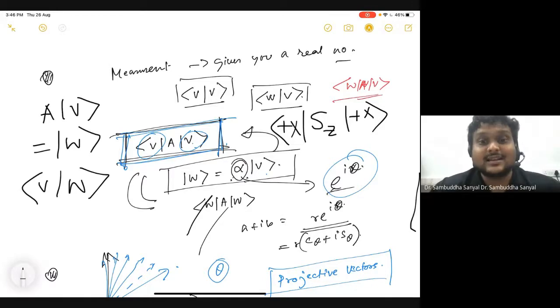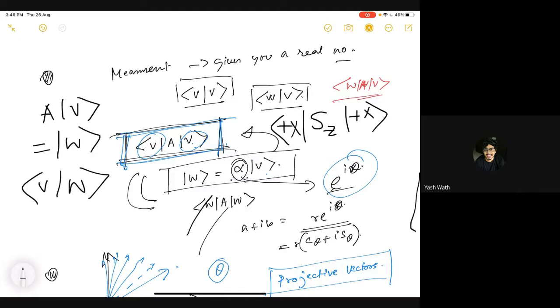No, there is not. That is the whole point. There is nothing called a gray ball. Similarly, there is nothing called a particular object being some linear combination of plus x and minus x when you measure, because when you measure, you only get plus x or minus x, plus z or minus z. But when you are measuring in the z basis, you get plus z or minus z, and plus z is a superposition of plus x and minus x.